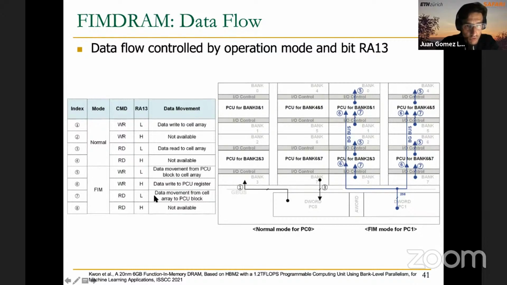And then we finally have mode 7, that is the data movement from the cell array to the PCU block. So that's why we see here from the bank to the PCU block. So these are the two directions from the PCU block to the bank, either 5 or 7, or from outside writing when we are in PIM mode to the registers of the PCU.